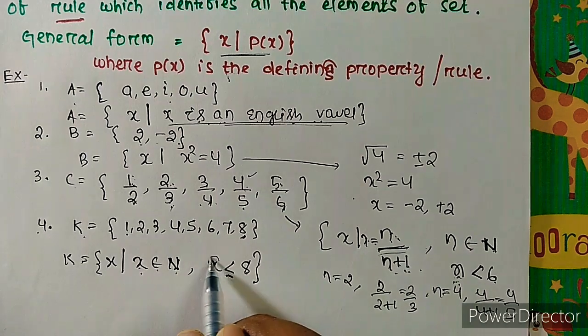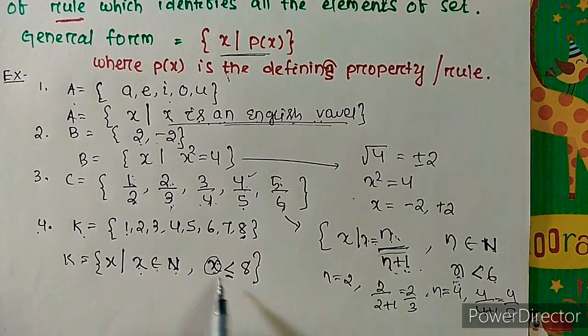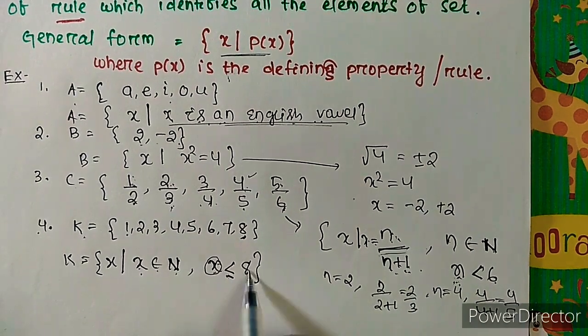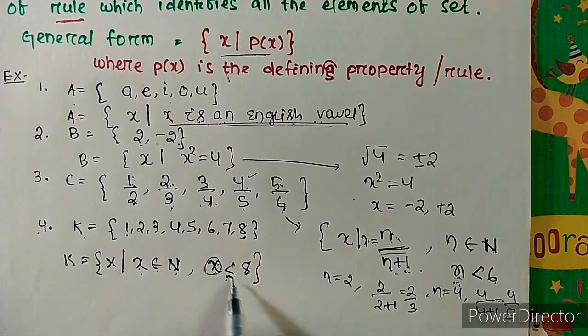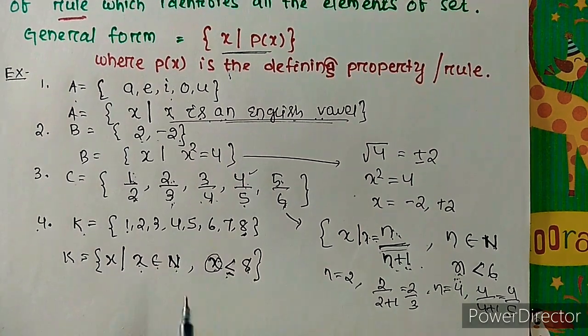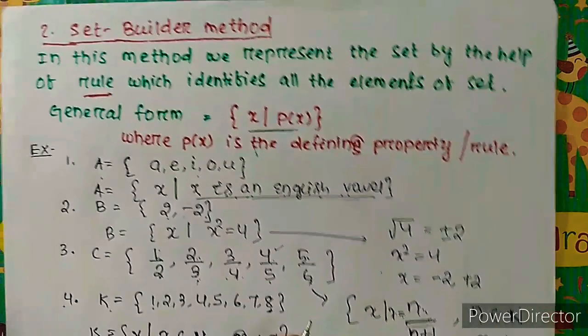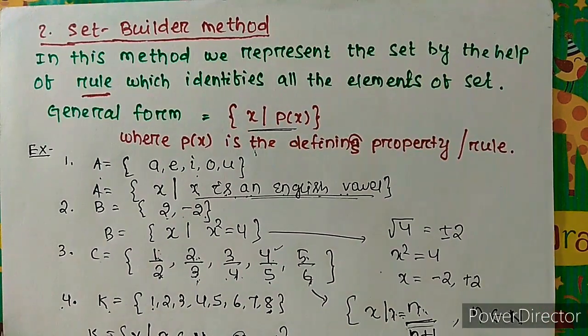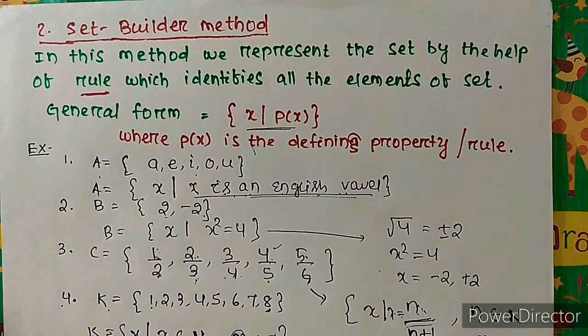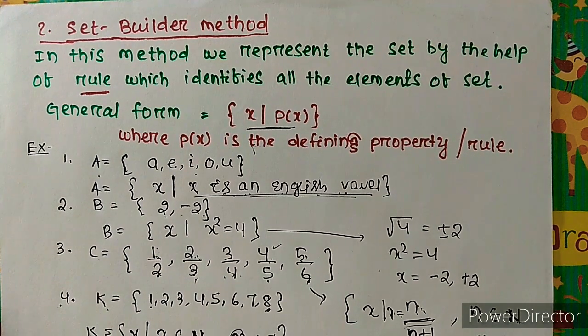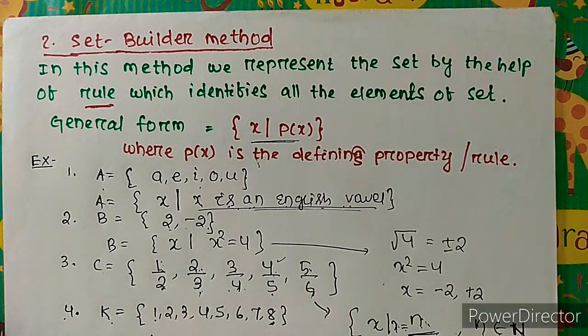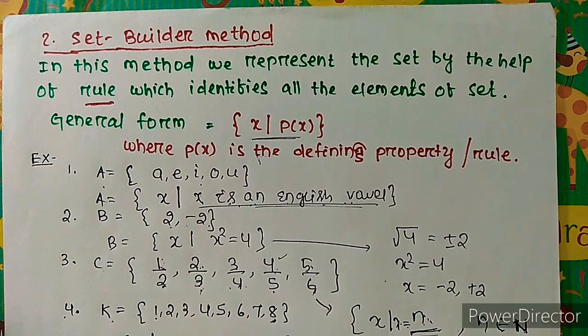That means X is taken up to 8, including 8. So these are the two methods. First was the roster method and the second one is the set builder method. These are the two forms to represent the set in different methods.